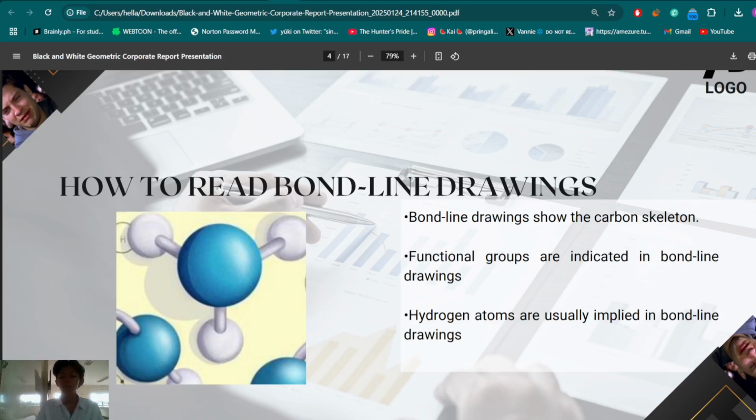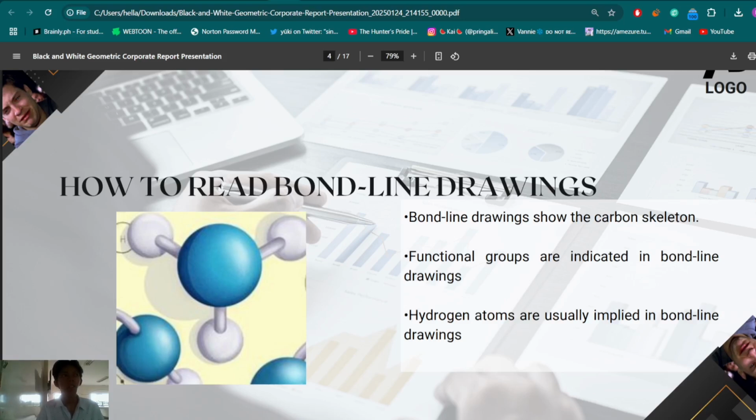Bond-line drawings, also known as skeletal structures, are widely used in organic chemistry to represent molecules with efficiency. Learning to read them correctly is essential for understanding molecular structure.